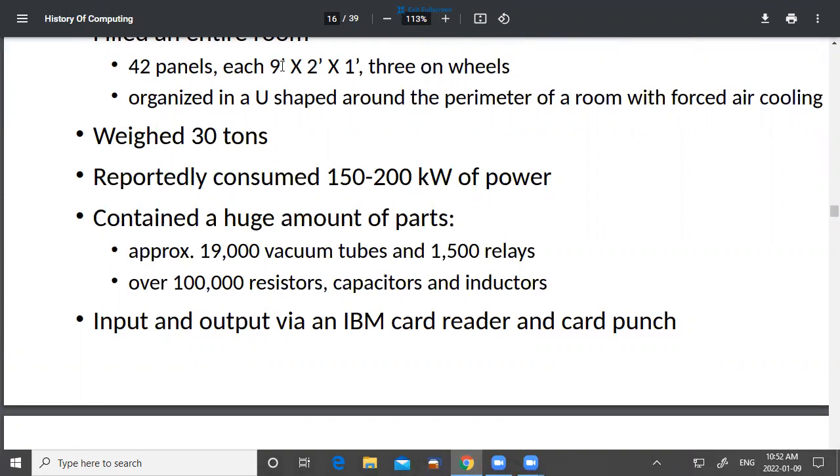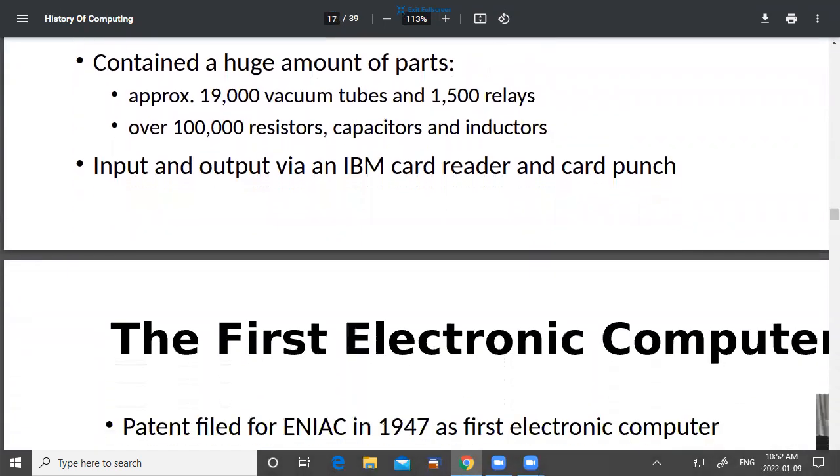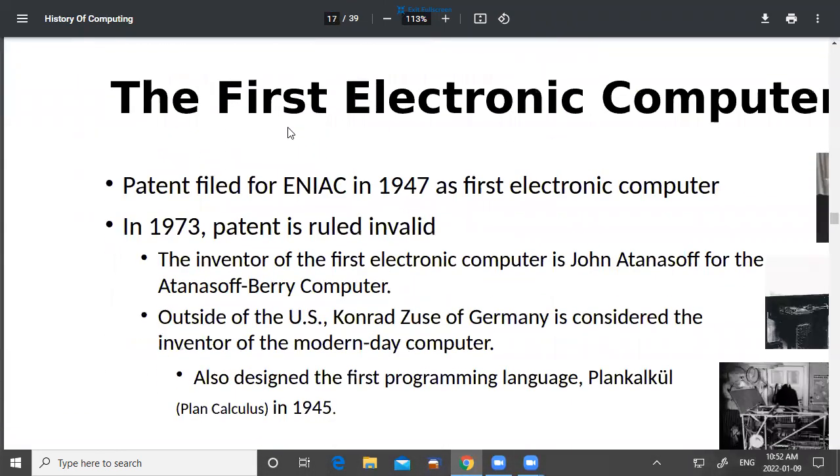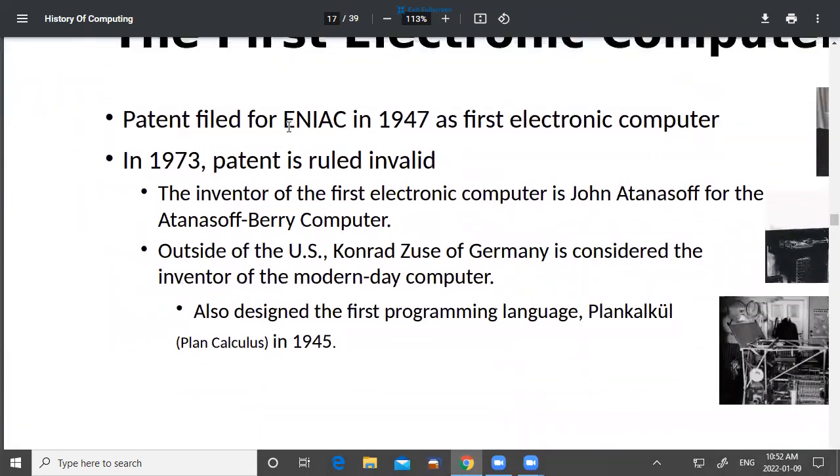So 9 feet is like 3 meters, and 2 feet is like 600 millimeters, 60 centimeters. Kind of big. Used a lot of power. Anyways, I thought that was kind of cool.